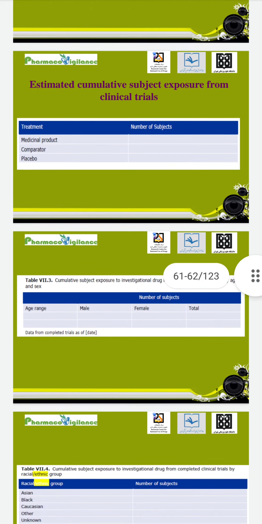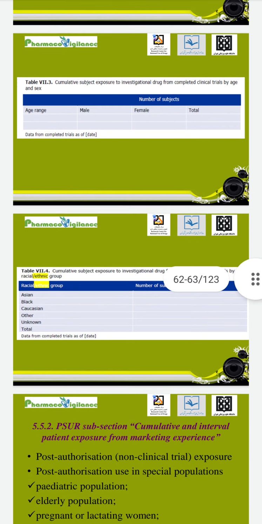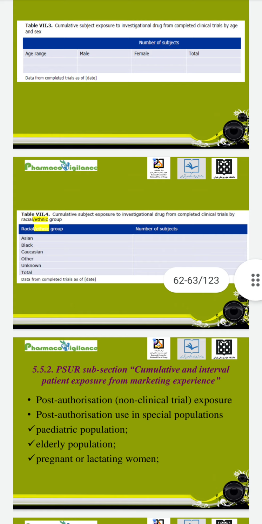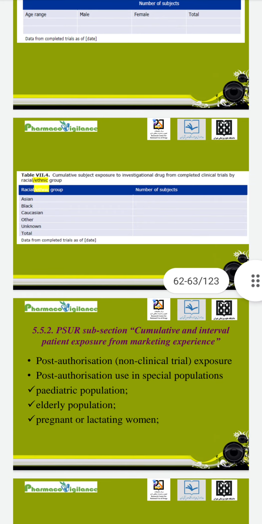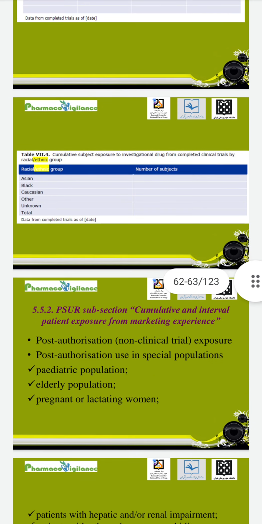And this one is the cumulative subject exposure to investigational drug from completed clinical trials by racial and ethnic group: Asian, Black, Caucasian, other or unknown, total.